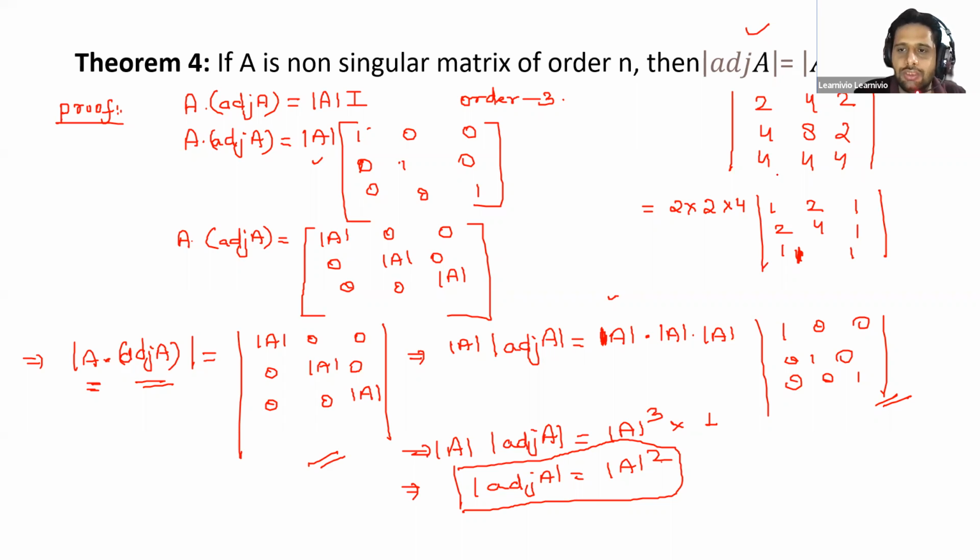So row wise, we have taken the common. This is for the determinant, but the same thing will not happen in a matrix. Suppose in a matrix we have these elements 2, 4, 2, 4, 8, 2, and 4, 4, 4.